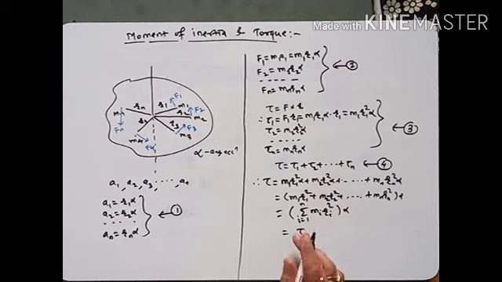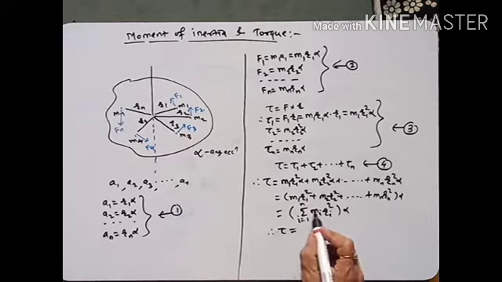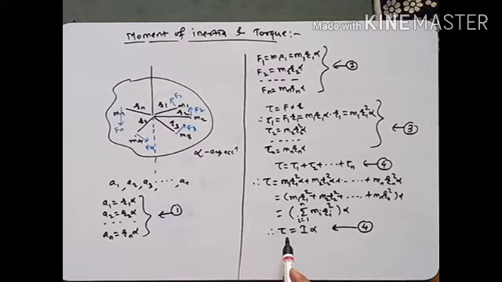This quantity is I, so torque is equal to I alpha. Suppose equation number 5. This is the relation between moment of inertia and torque.